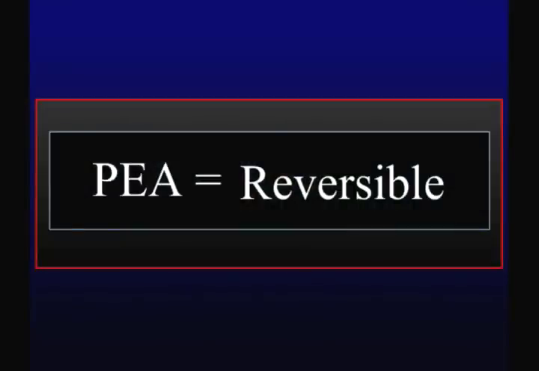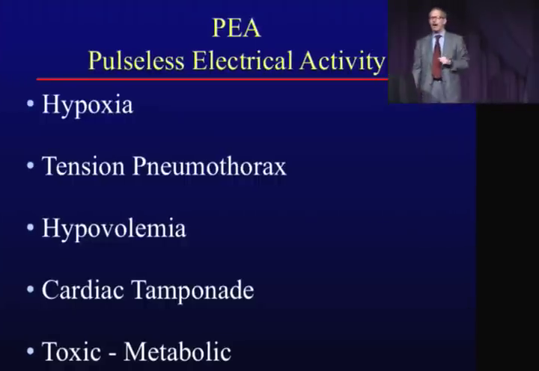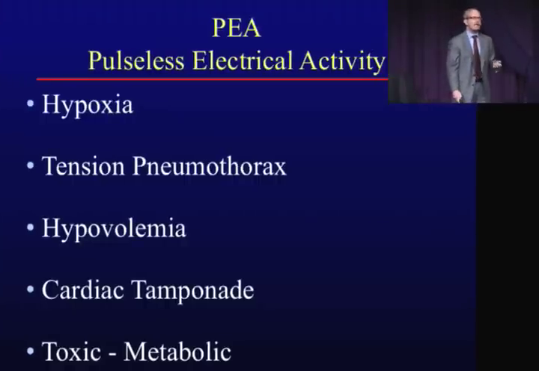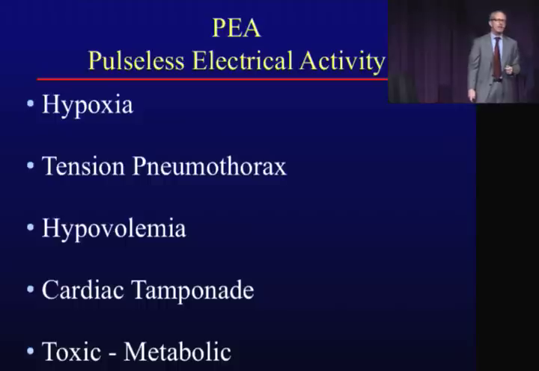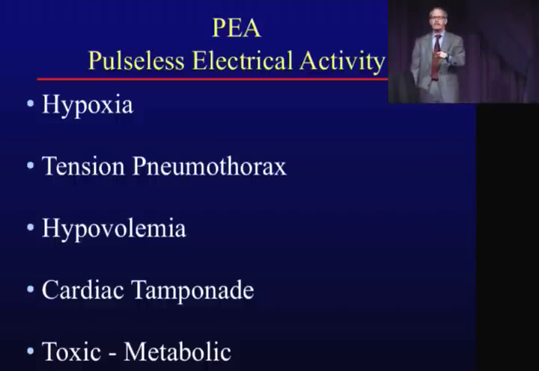The American Heart Association has 5 H's and 5 T's, not a chance. Airway, hypoxia. B, breathing. Tension pneumothorax, C, cardiovascular, too little volume, hypovolemia, hemorrhagic shock, too much volume around the heart, tamponade, ABC, NGT, toxic metabolic, and if you only know one toxic metabolic, hyper-K.